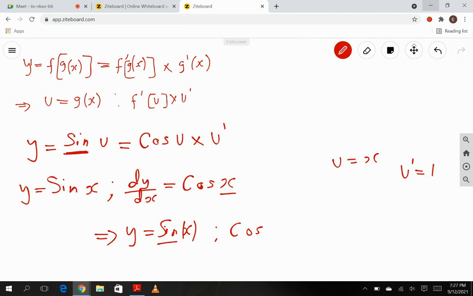So cos u remains the same, multiplied by u prime. U prime is 1. So substituting x for u, we are going to say cos x. So hope you see that this particular concept works for this, right?